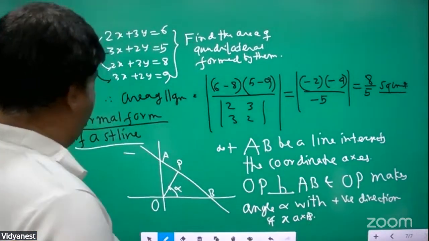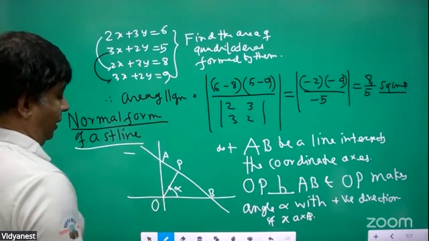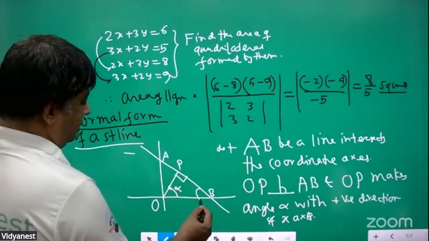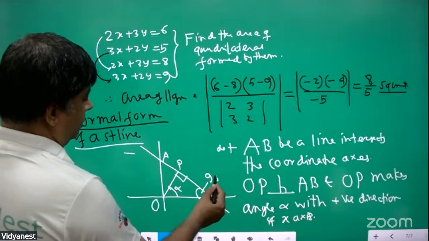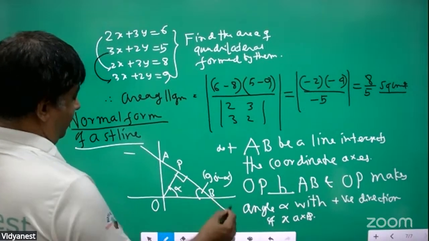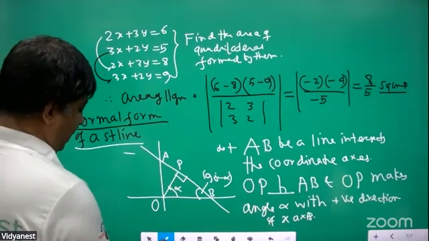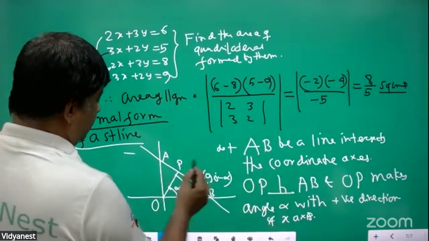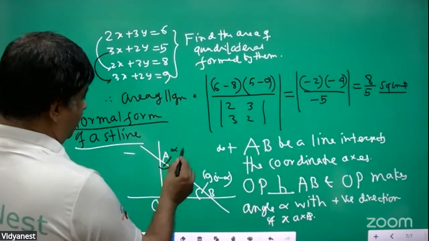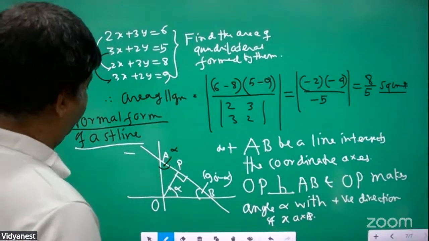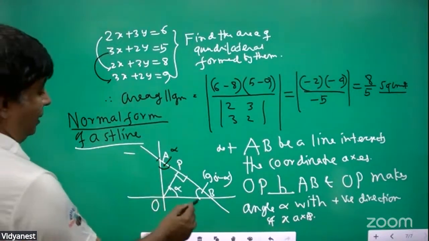Okay. So if this is alpha, this is 90 degrees, this will be 90 minus alpha. And if that is 90 minus alpha, this will be again alpha.